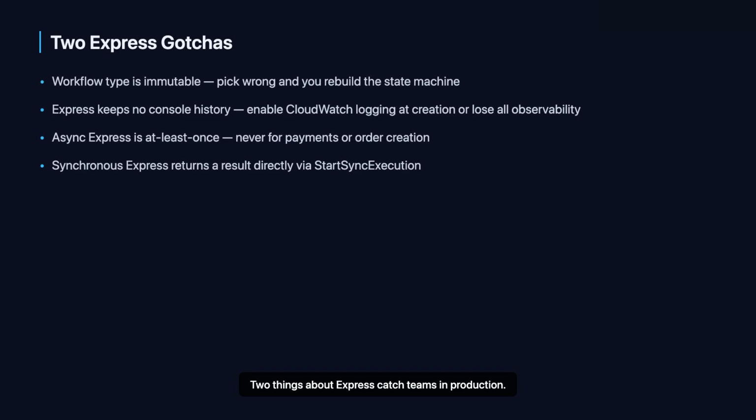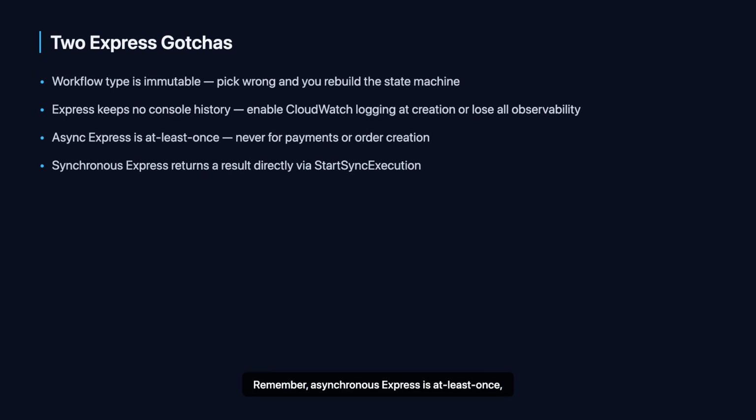Two things about Express catch teams in production. First, the workflow type is immutable. You can't switch a state machine from Standard to Express later. Pick wrong, and you rebuild it from scratch, so choose deliberately up front. Second, Express keeps no execution history in the console. You must enable CloudWatch logging when you create it, or you lose all observability into failed runs.